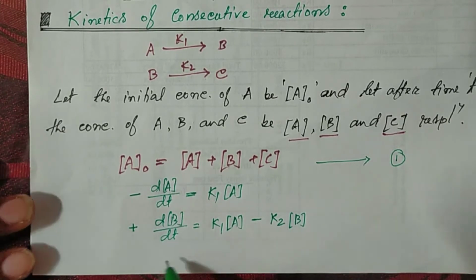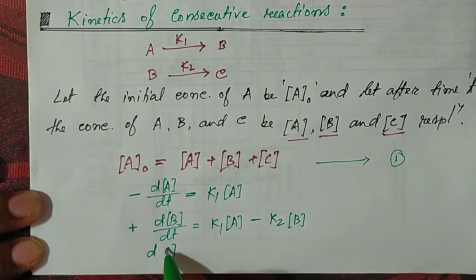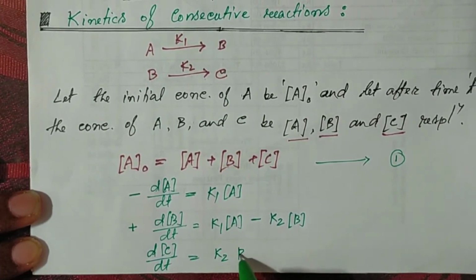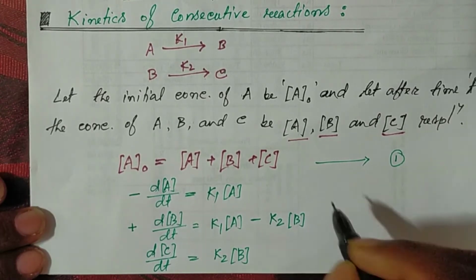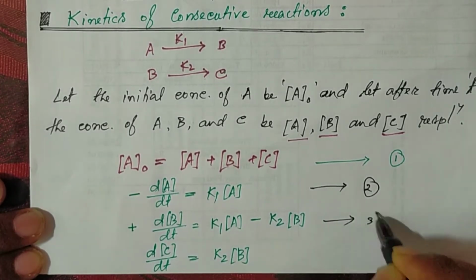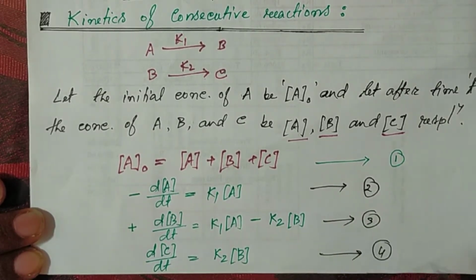Okay, so for C, dC/dt is equal to k2 B, as it is on the product side. Okay, and I will number these 2, 3, 4.